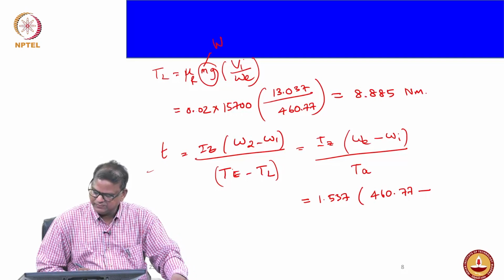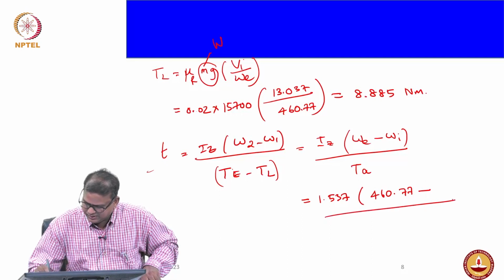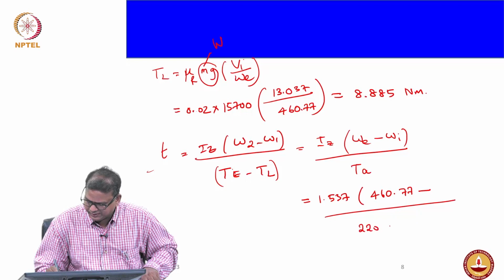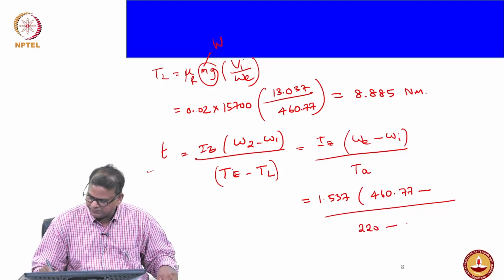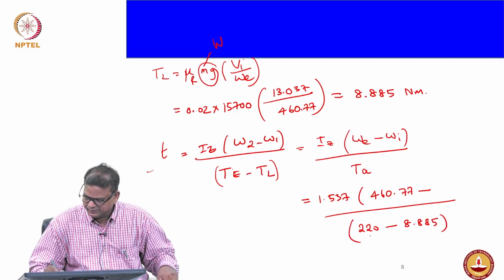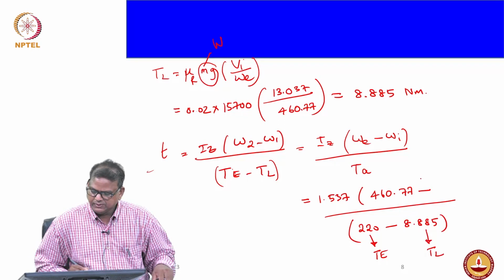Can you tell me? And your T is 220. The load torque we already got, 8.885. That is known. This is your engine torque, and this is your load torque. What is the omega value?